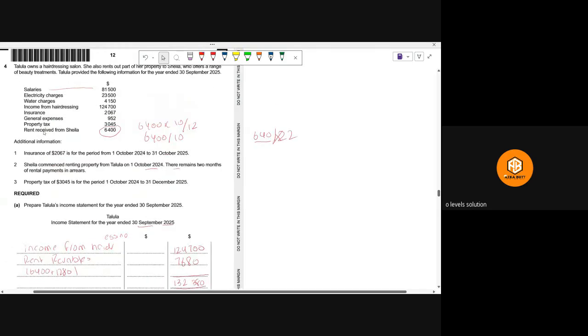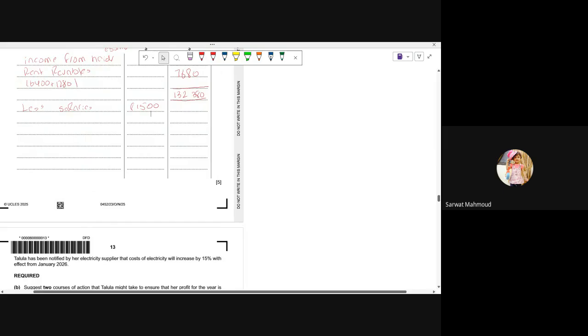Then we have electricity charges, 23500. Then tell me about the other expenses as well.